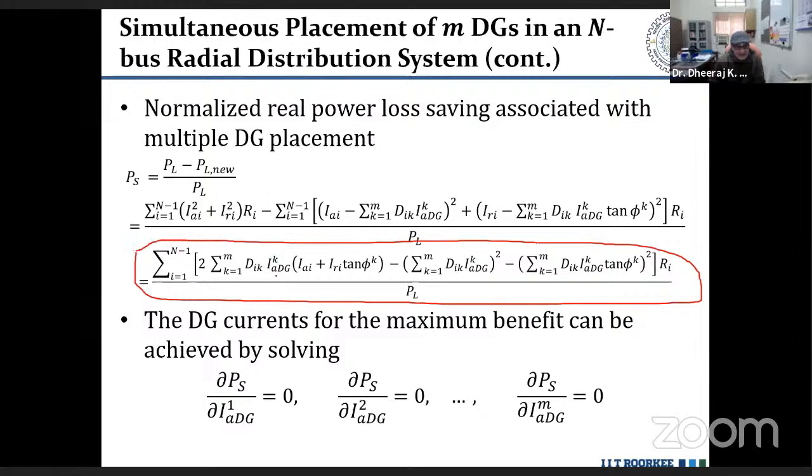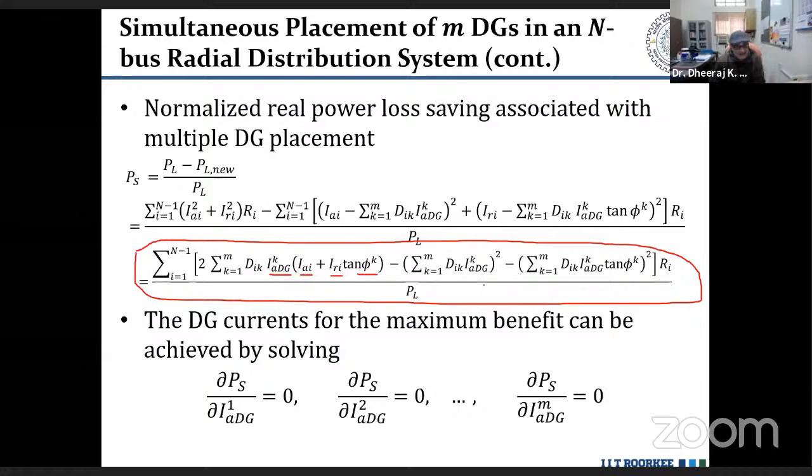It is dependent on DG current, active component of branch current, reactive component of branch current, and power factor of DG. Because here we have considered M DGs simultaneously, we have terms of all M DGs.